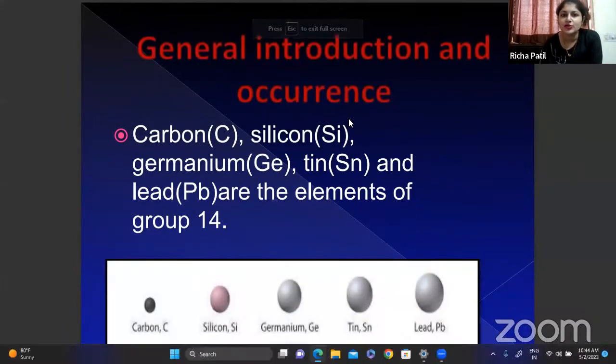Group 14 is nothing but your carbon family, right? So here you can see carbon, silicon, germanium, tin, and lead. These are the elements of group 14.